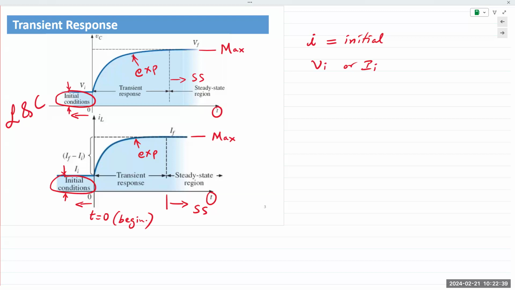It is also referred to by the subscript 0. And 0 here refers to the time t equals 0, meaning the point in time at which we begin our analysis. And so it is also referred to as V0 or I0. And I will have both in the equations in my slides. Okay, so if you see 0 or I, it is referring to the initial conditions right before we begin our analysis.